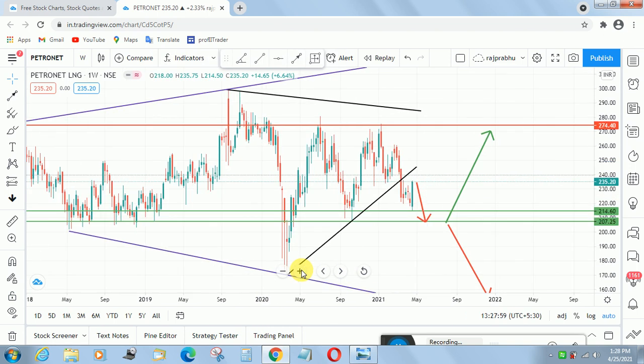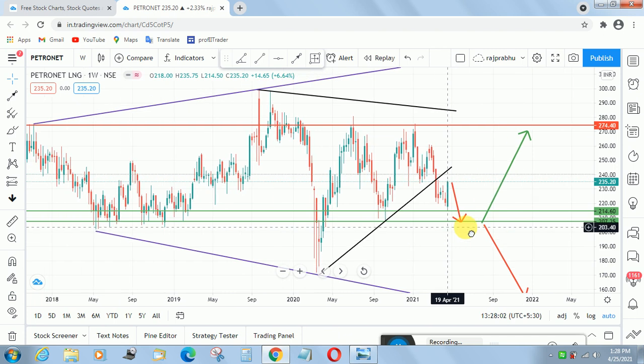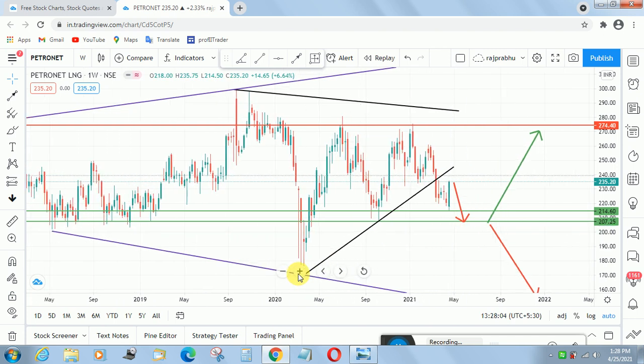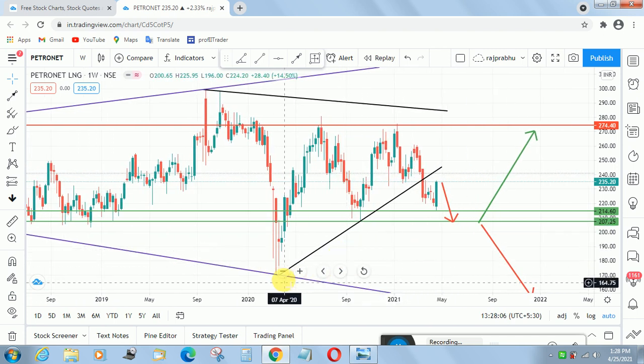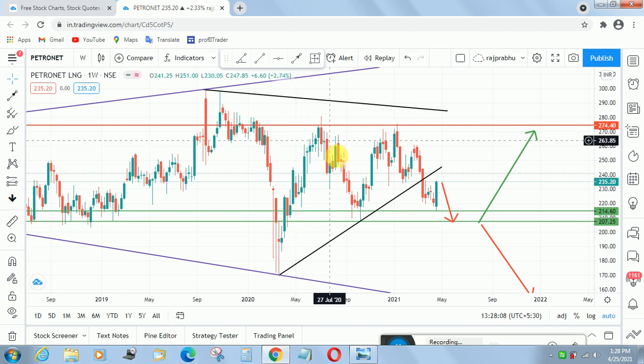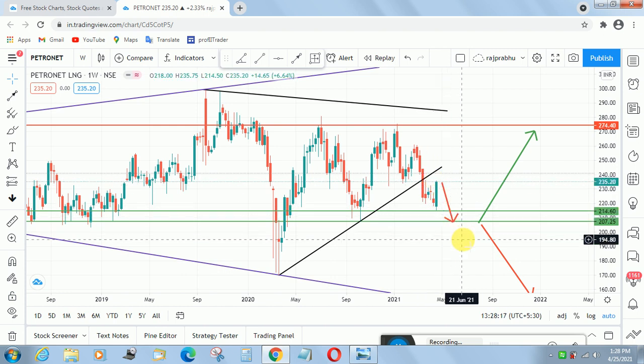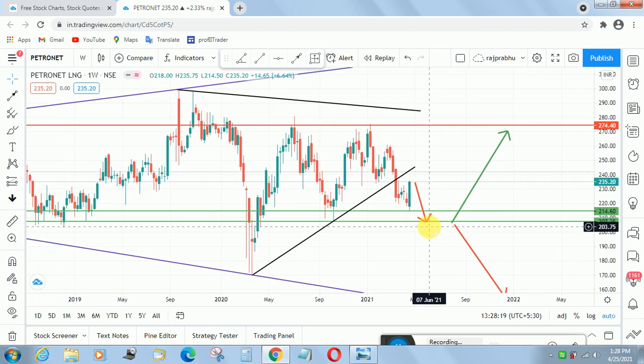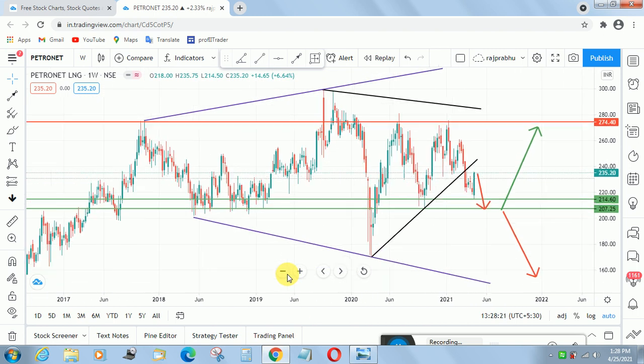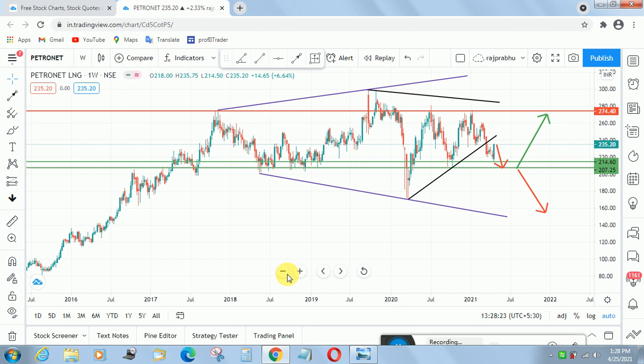Okay, very simply we find this structure. See here, the trend line is broken, the price will retest here, and then the price can move downside. We predicted this with the help of trend lines.